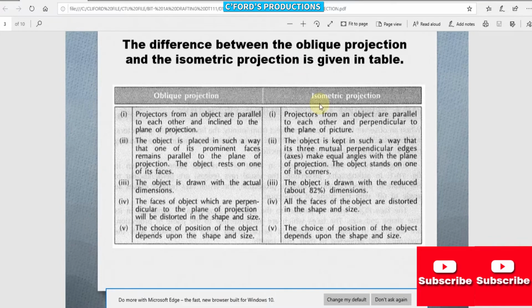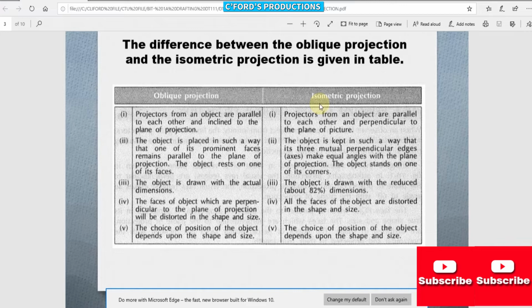In isometric projection, first, projectors from an object are parallel to each other and perpendicular to the plane of picture. Second, when you draw an isometric projection, the object is kept in such a way that each of the three mutually perpendicular edges makes equal angles with the plane of projection.